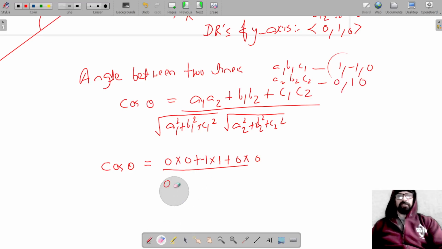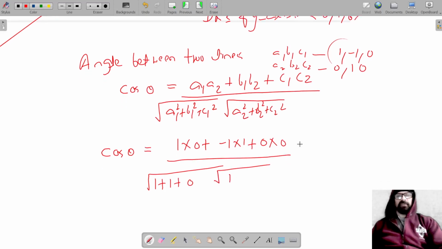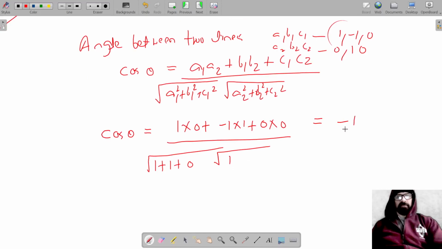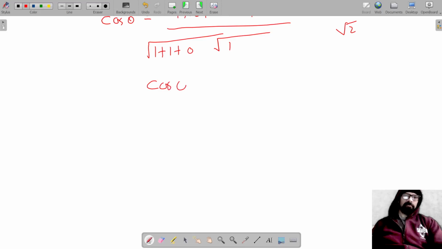So let me put in the values once again. a1 is 1 into 0, plus b1 is negative 1 into 1, plus c1, 0 into 0, upon the square root of a1 square, which is 1, and b1 square, which is 1, c1 square is 0, under root; this is 1. So this is minus 1 upon root 2. Now cos theta is equal to negative 1 by root 2.